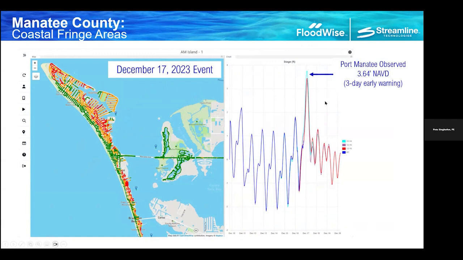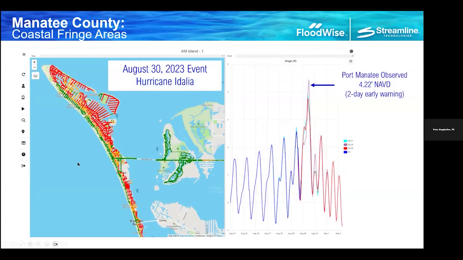So we were predicting as early as 3 days out the specific areas that were going to go underwater. And then Hurricane Idalia was worse still, and this was the 2-day early warning on Idalia. Notice a lot of red area, a lot of deeper flooding along the roadways.